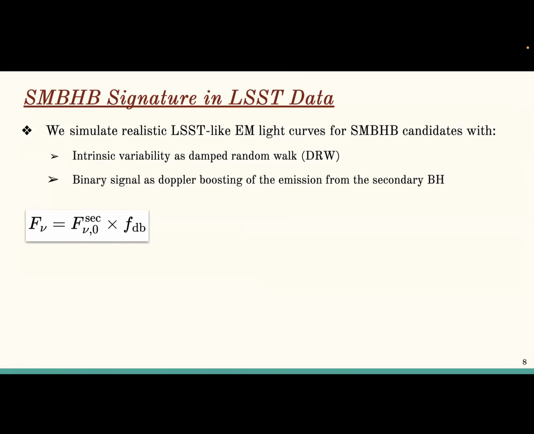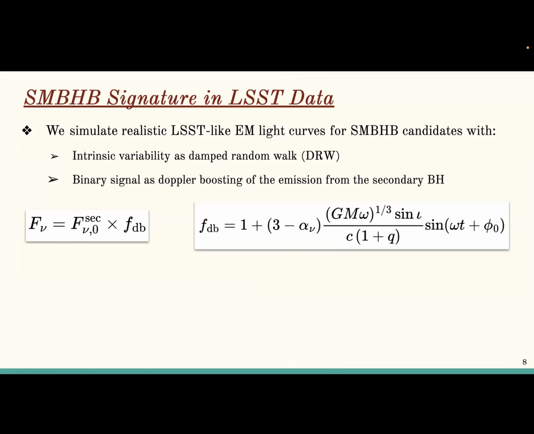For the Doppler boosting method, the secondary flux is multiplied by a Doppler boosting factor, which is given by this expression, where omega is the angular orbital frequency, phi is some initial phase of the orbit, M is the total mass, i is the inclination angle, and q is the mass ratio. In this expression, you can see that all those terms are not individually detectable because they are highly covariant.